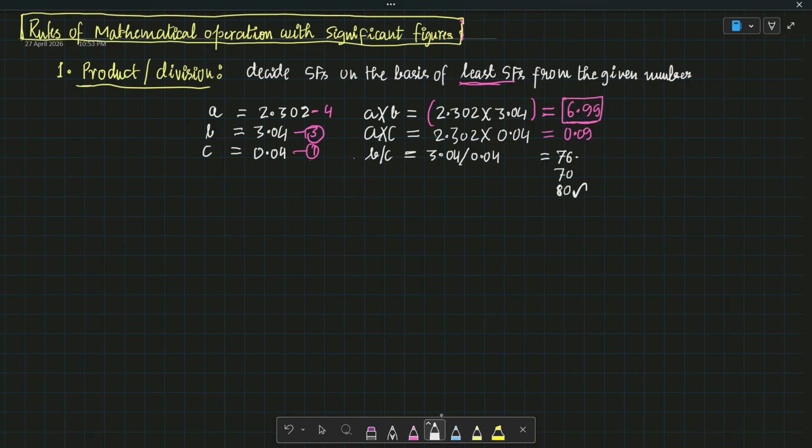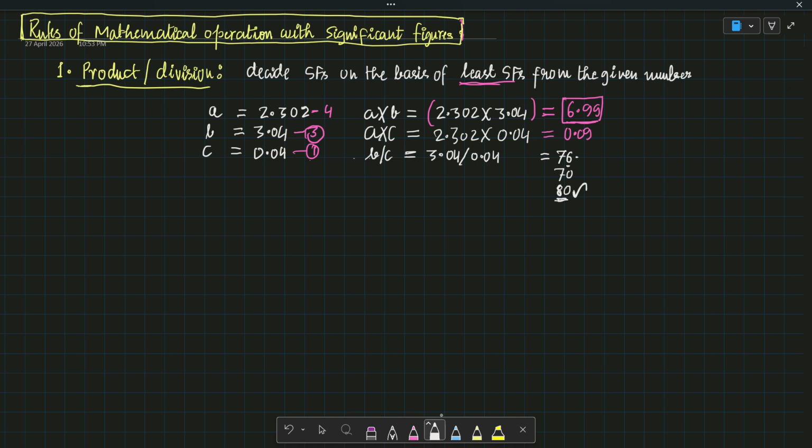I have seen some questions on this. Hopefully this is the right answer, because we have to keep only one significant figure. That's why we drop the 6, and by dropping it we raise 7 to 8.